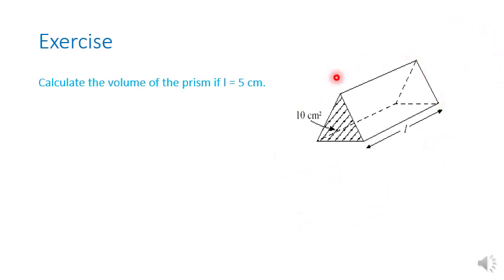For this prism, I already give you its area of cross section equal to 10 centimeter squared, and the height of it is represented by letter L, which equals 5 centimeter. To find its volume, it's easy. Just take the base area of the cross section here and multiply with its height, and you will get the volume of this prism easily, class. I hope that you can do it by yourself.